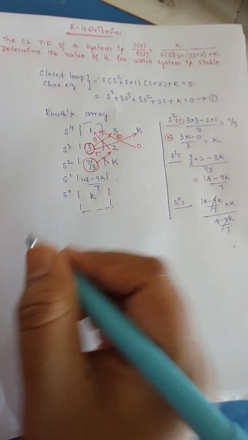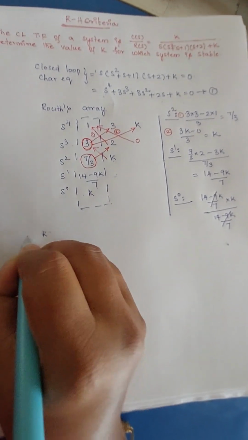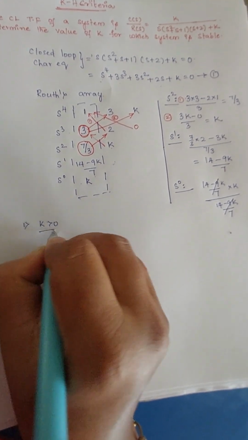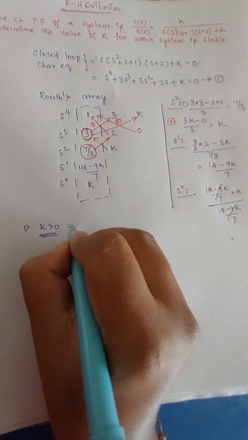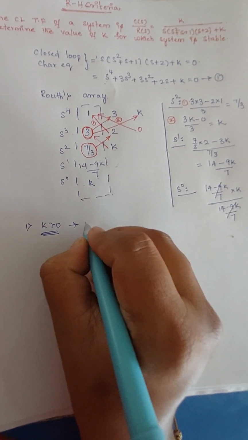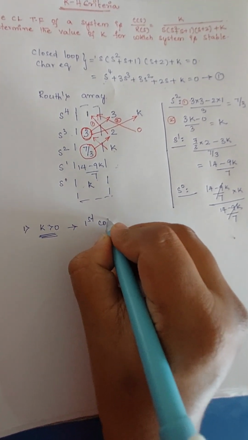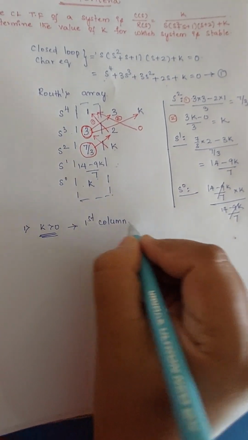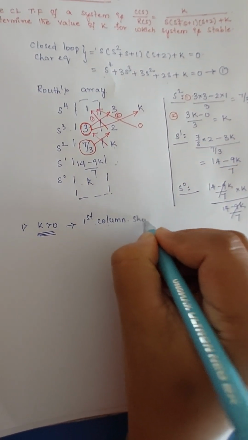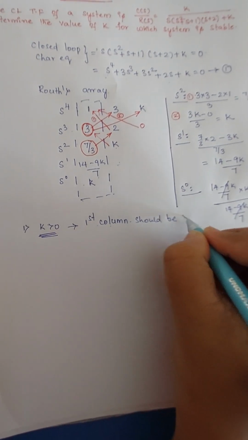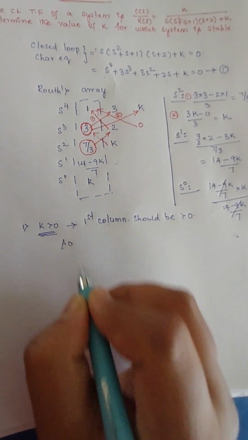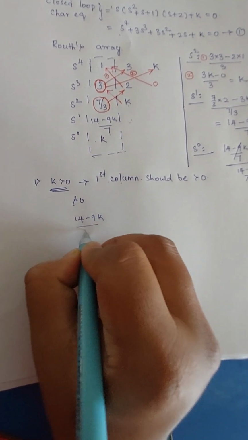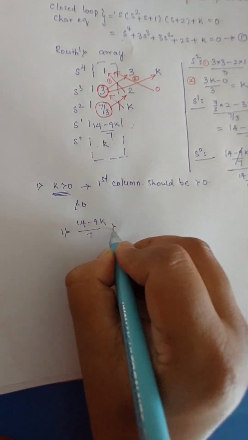So first we need to make k greater than 0, and then the first column elements should be greater than 0. So we have to make 14 minus 9k divided by 7 greater than 0.